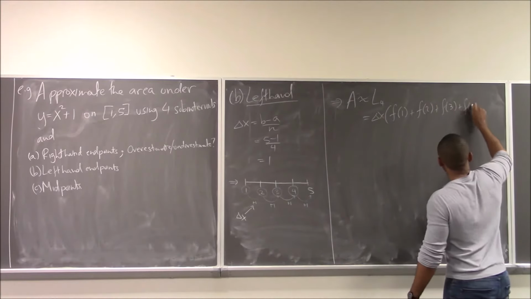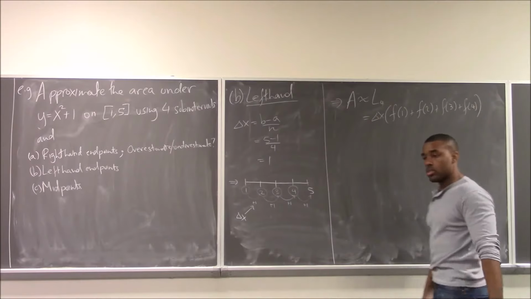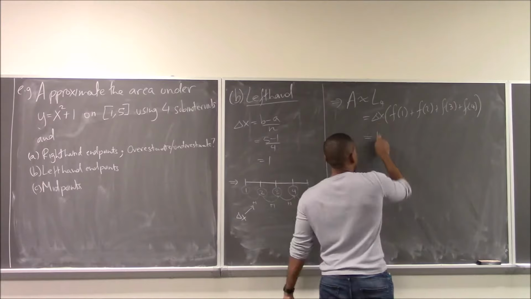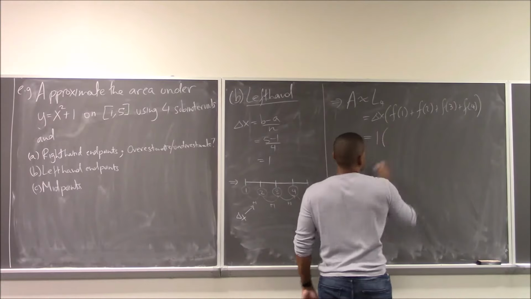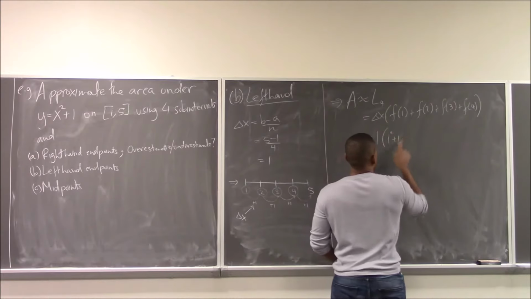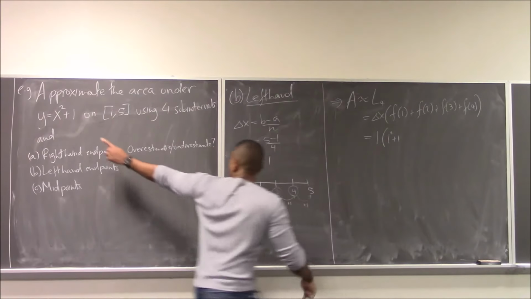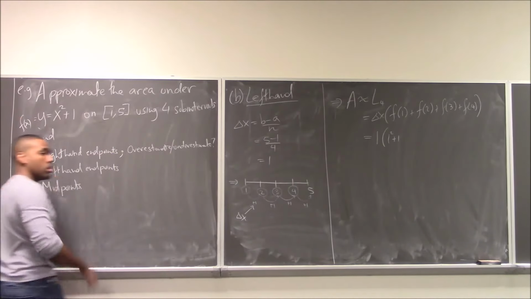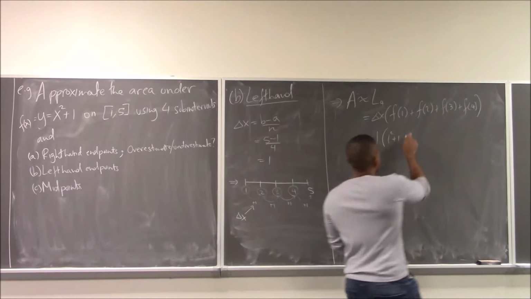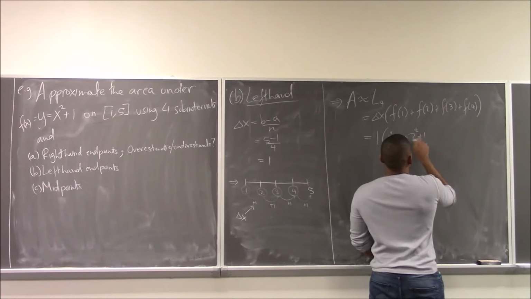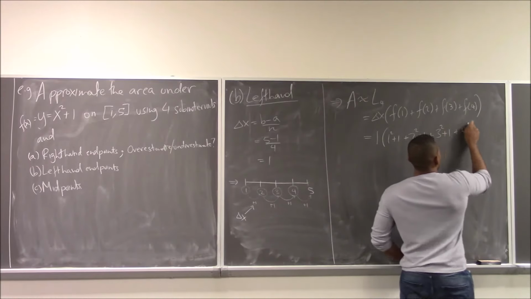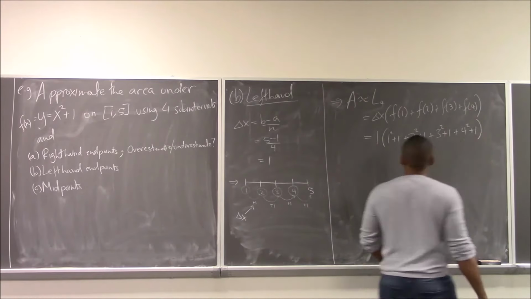I'm going to take all the left sides of the intervals. Delta x in this case is 1. f of 1 is going to be 1 squared plus 1. Remember, I'm just plugging into the function. This is our f of x. That's 2 squared plus 1 plus 3 squared plus 1 plus 4 squared plus 1.